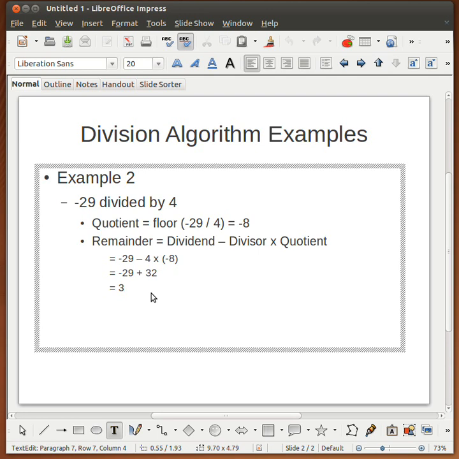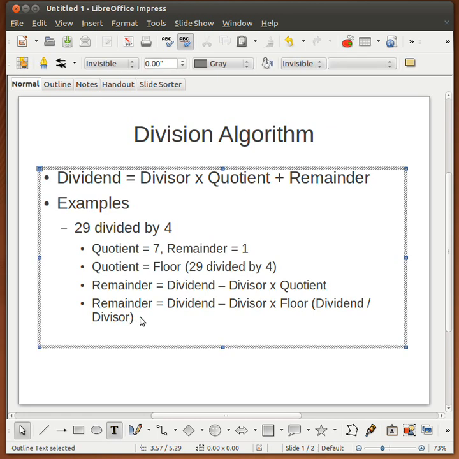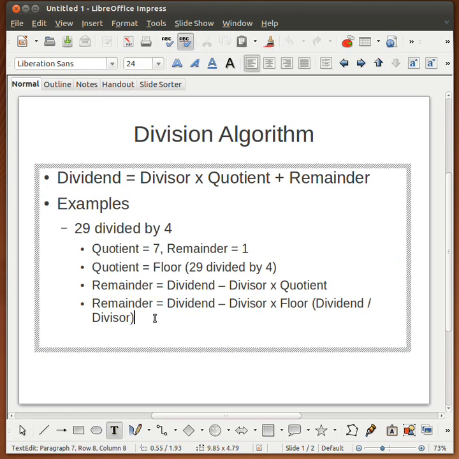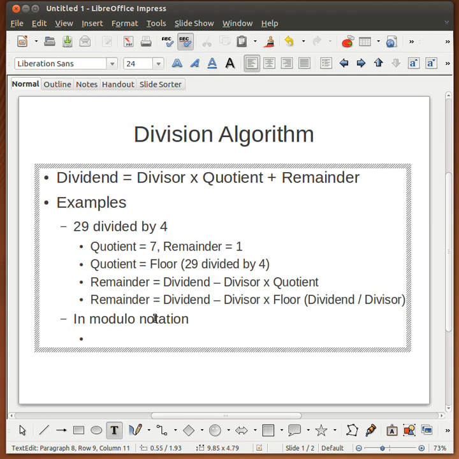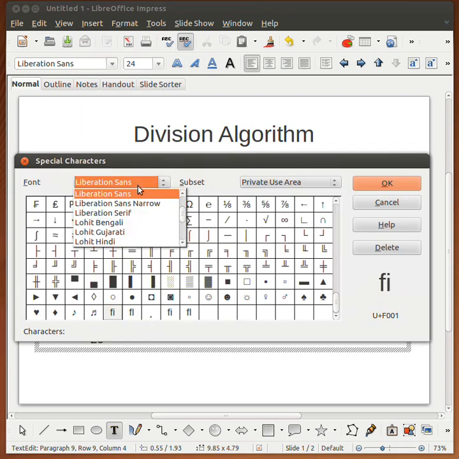So in the case of the modular way of putting it, let me go back to the previous slide and I will write down the modulo notation. 29 is, let me insert a special character. We are going to need it now.